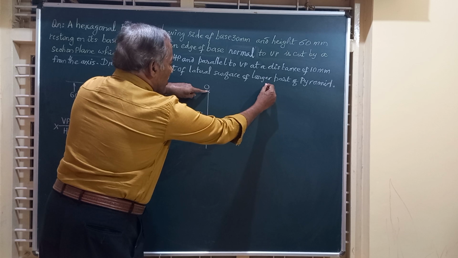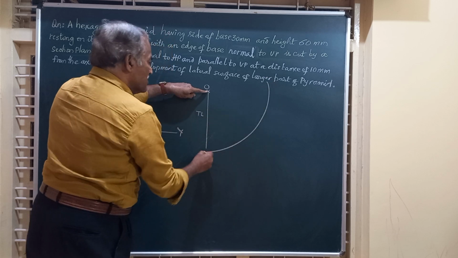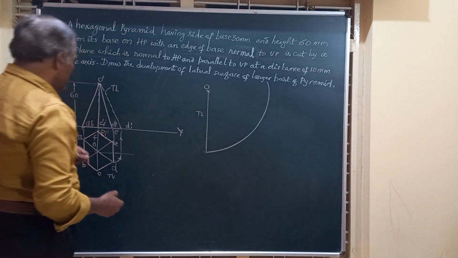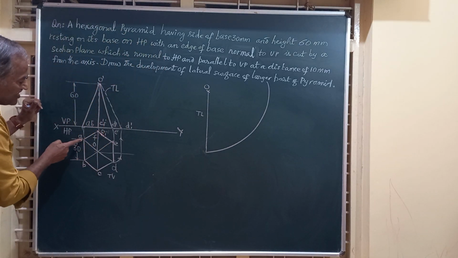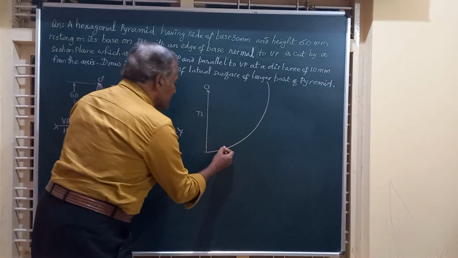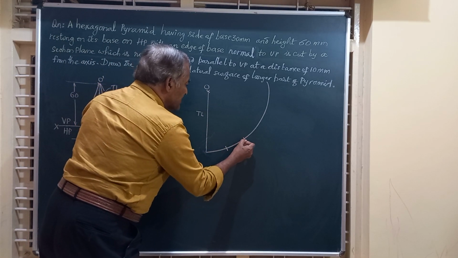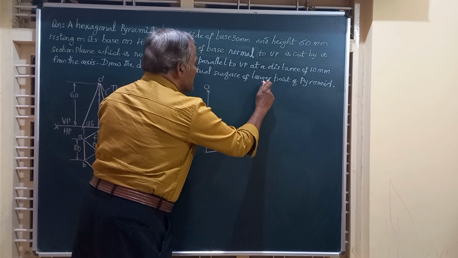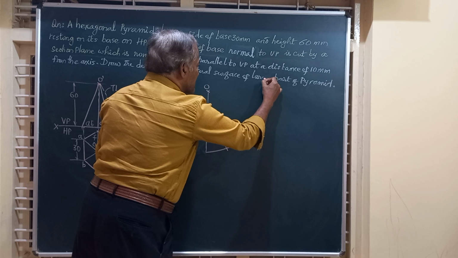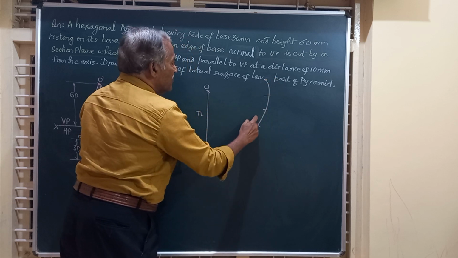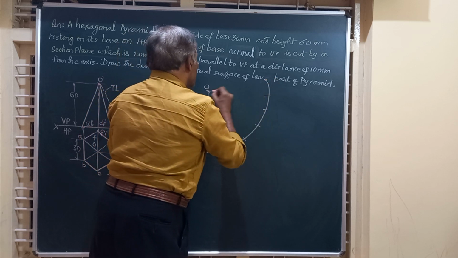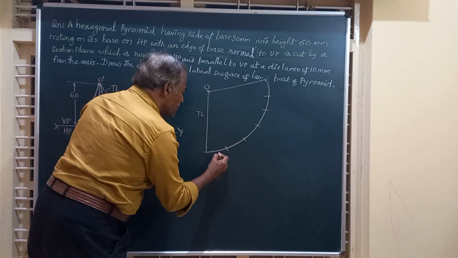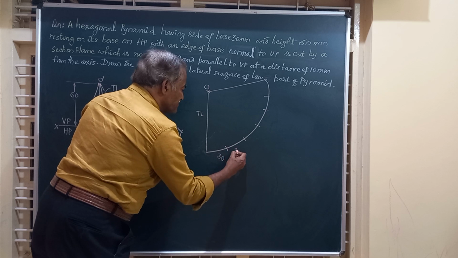On this arc I am going to step off 6 steps of 30 mm each: 1, 2, 3, 4, 5, 6. We have got 6 marks made on this, and each will have a length equal to 30.